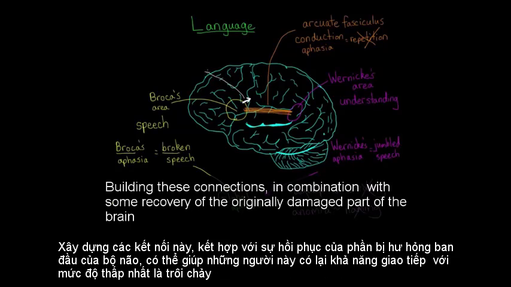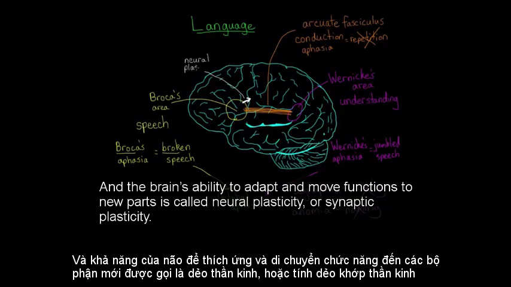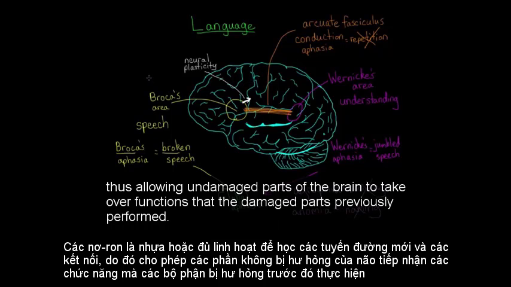Building these connections, in combination with some recovery of the originally damaged part of the brain, can help these people speak again with at least some degree of fluency. And the brain's ability to adapt and move functions to new parts is called neural plasticity, or synaptic plasticity. The neurons are plastic, or flexible enough to learn new routes and connections, thus allowing undamaged parts of the brain to take over functions that the damaged parts previously performed.